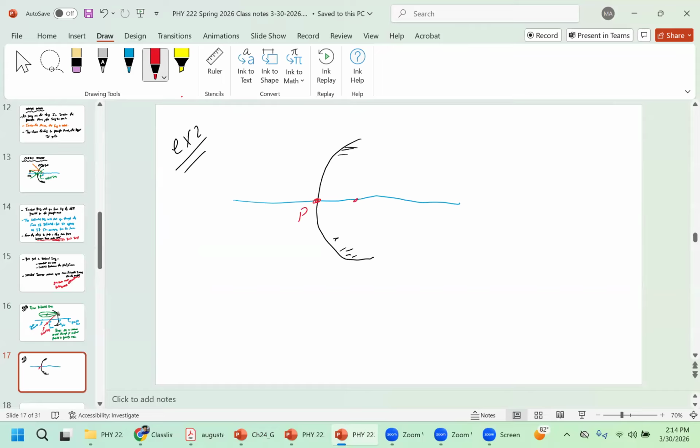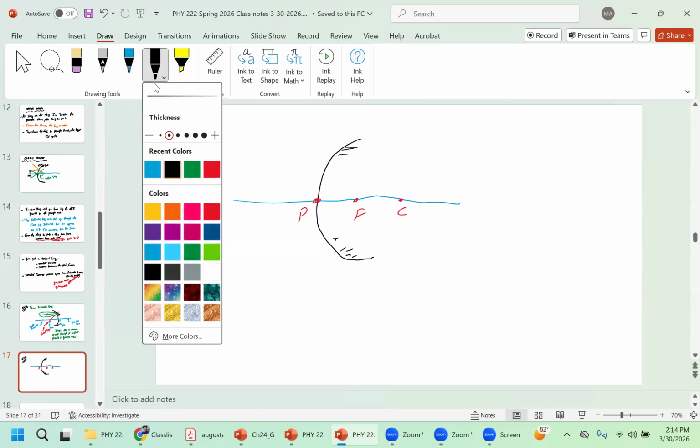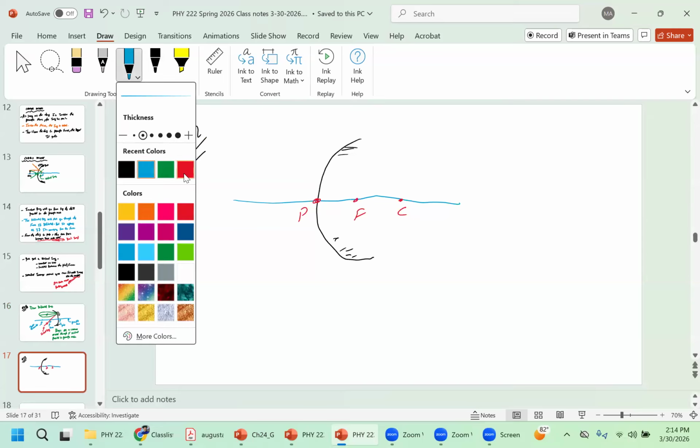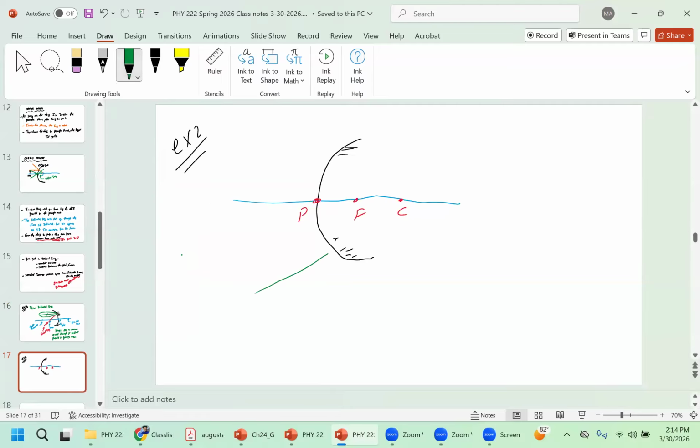Here's your P, here's your F. Let's see your C. Now, I didn't tell you all about this. I was waiting actually to put this question. Now, let's say you got a light, incident ray, going in. What color? Give me a color. Green.